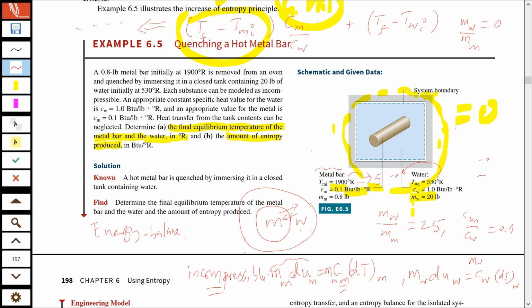So can you now tell me whether the entropy transfer will be from M to W or from W to M, based on what you saw so far?